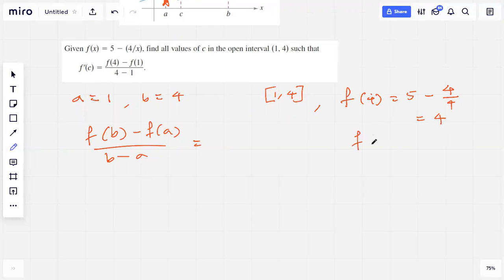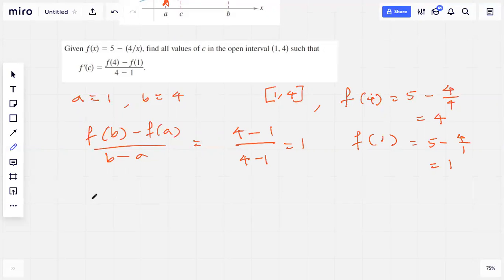And f of a is f of 1. That's equal to 5 minus 4 over 1. That's equal to 1. So f of b minus f of a, f of b is 4 minus f of a is 1, over b minus a, that is 4 minus 1. That's equal to 1.